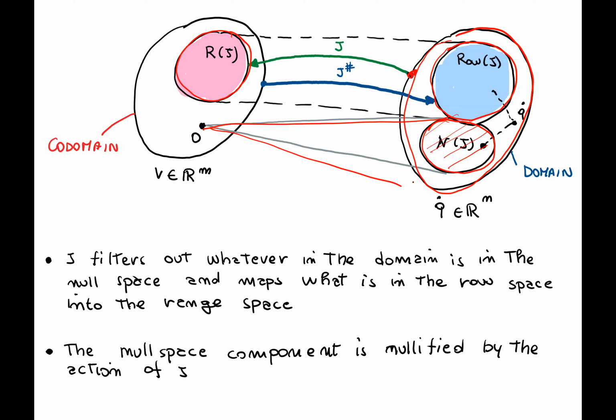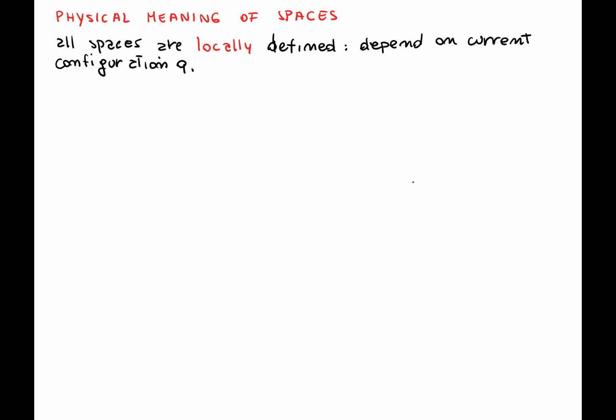And the physical meaning of these spaces that we will use in this course is that all these spaces, first we need to say, are locally defined, so they depend on the current configuration of q, and they will change with q.